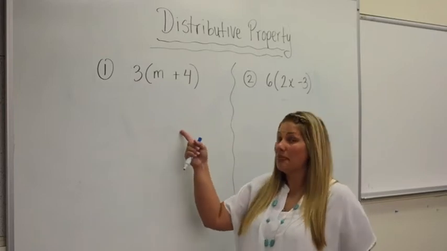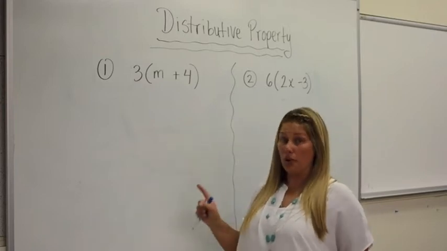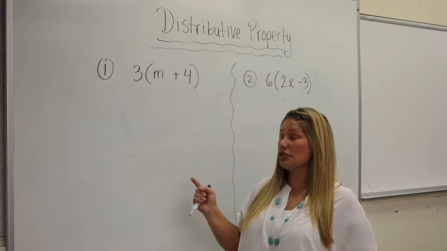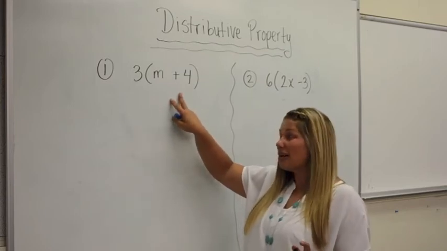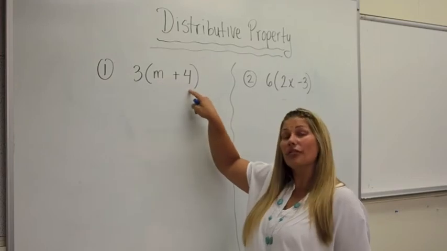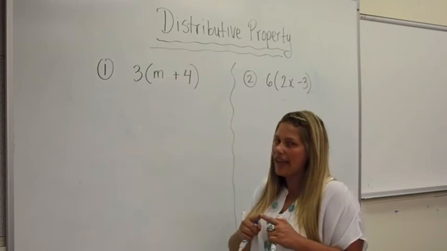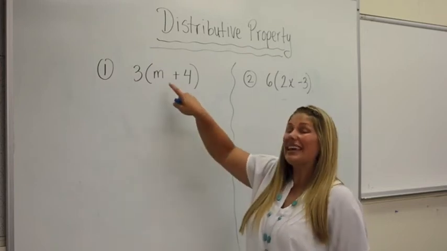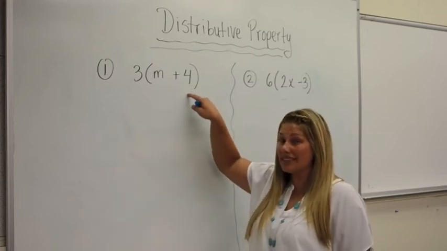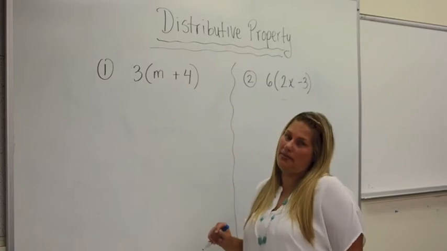So in this example, if we try to use order of operations, remember, which is GEMDAS, we would do what's in the parentheses first. But m plus 4 can't add together because remember, they're not like terms. So if they can't add together in the parentheses, then we can't use GEMDAS.